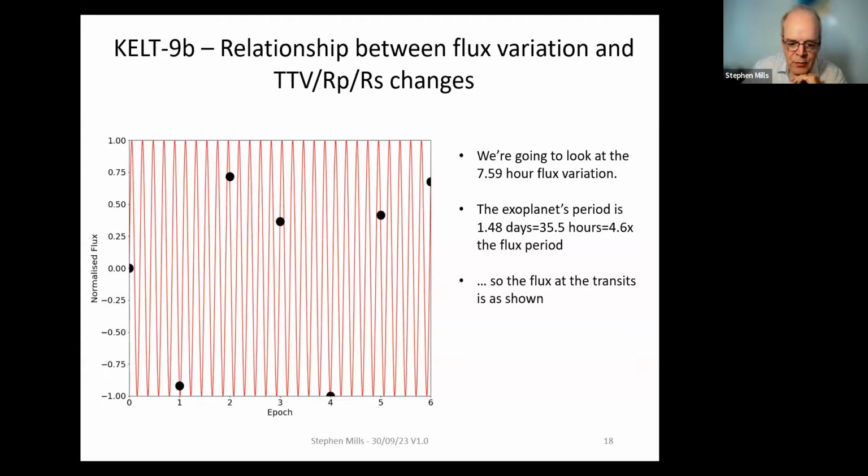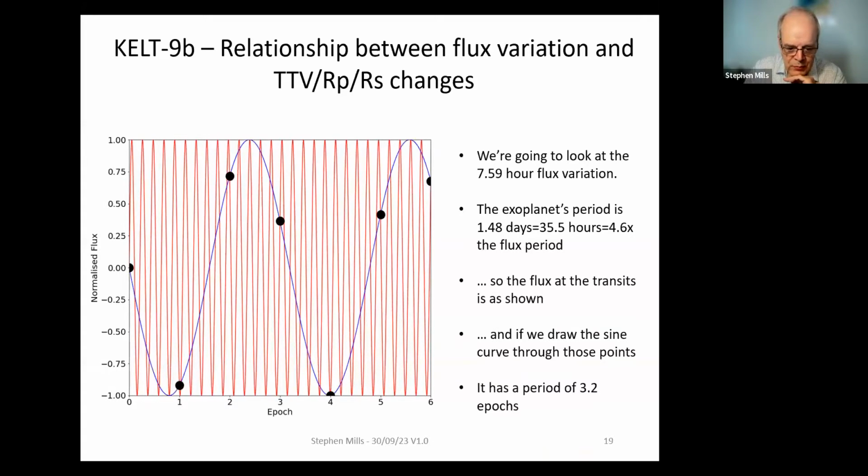You get those dots, which at first glance don't look that interesting or regular, but when you superimpose a sine curve with a period of 3.2 epochs, it's a precise fit. You can go through the maths, and this is precisely what you'd get from a 7.59 hour flux variation. You'd get something with a period of 3.2 epochs. It's actually 3.198 or something like that.